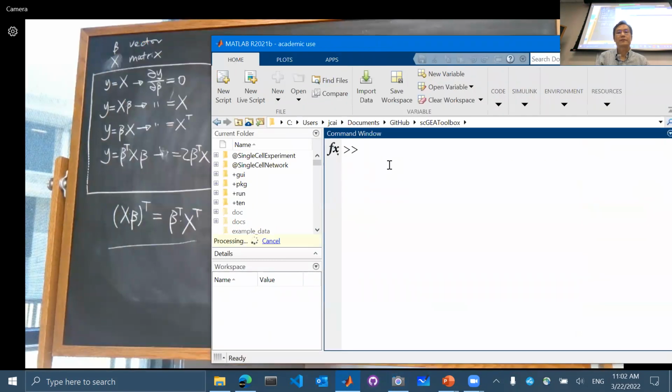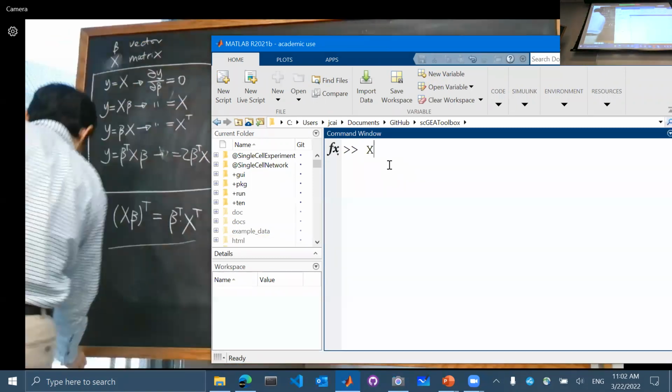So now in Matlab, I'm trying to make the case of this numerically correct.